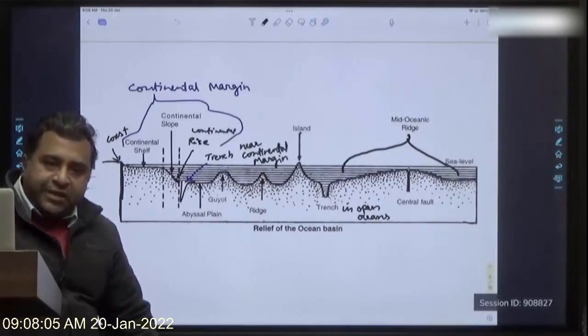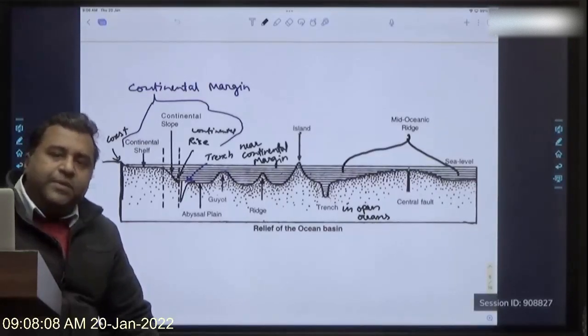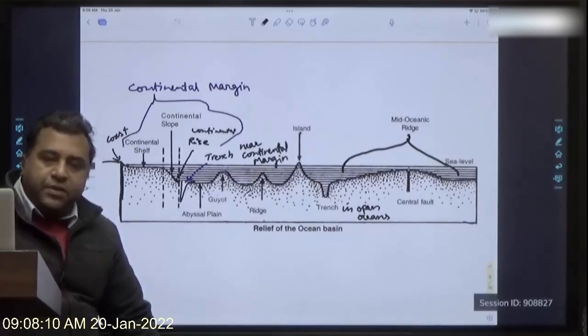So these were the additional characteristics that we came to know, which also helped us in understanding the ocean floor. What were the additional characteristics?